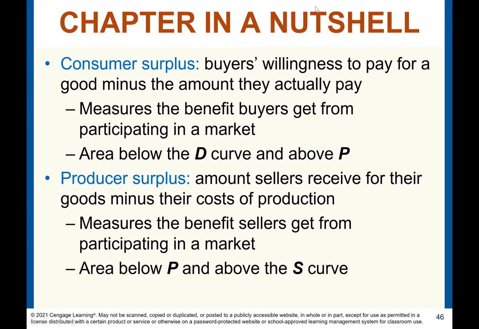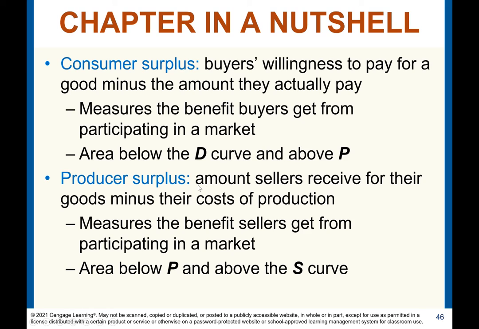Chapter in a nutshell: consumer surplus. Buyers' willingness to pay for a good minus the amount they actually pay. It measures the benefit buyers get from participating in a market. It is the area below the demand curve and above the price.